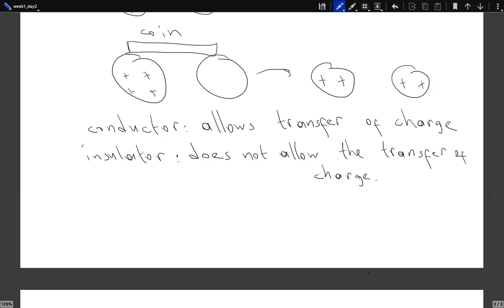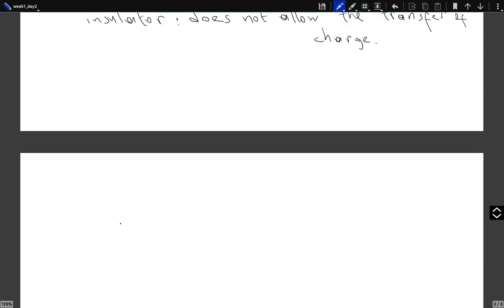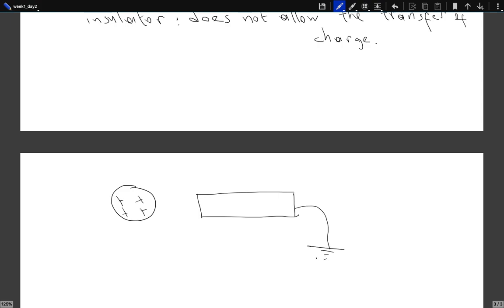Well, it turns out that there are other ways of charging the objects. For example, you know that metals can be charged. They are conductors. So let's say you have a conductor. You bring another charged sphere, or any charged object, it doesn't have to be a conductor.